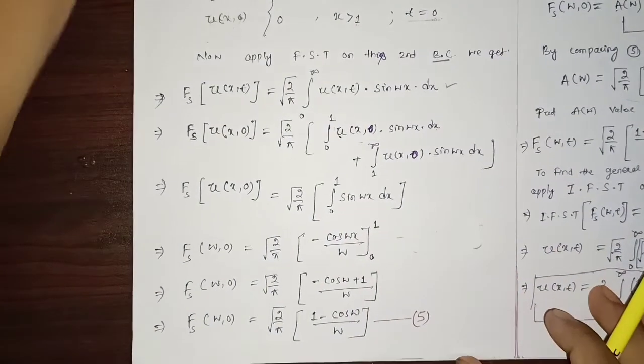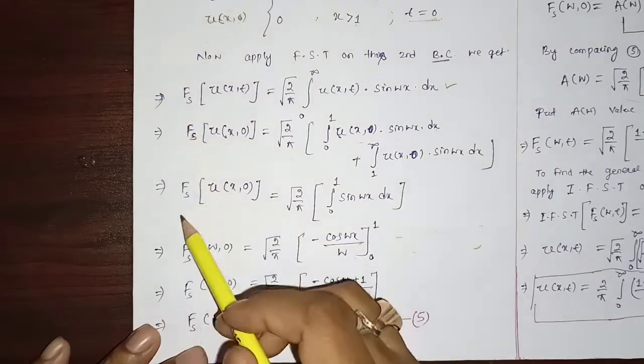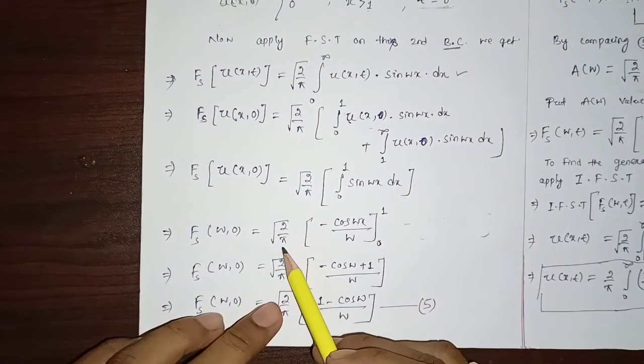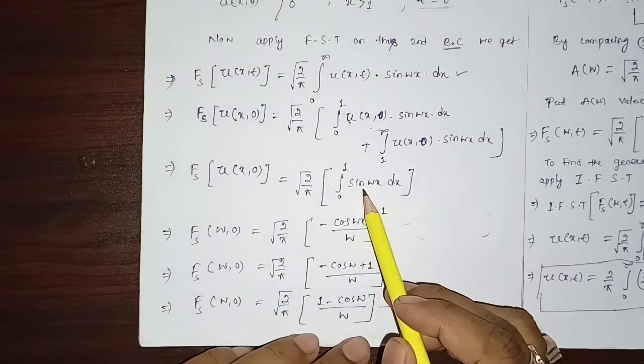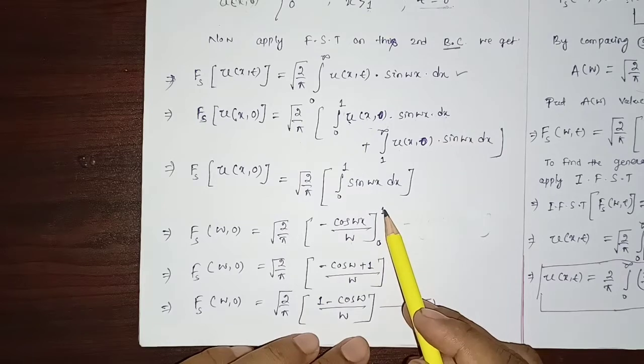This implies that Fs(omega, 0), which you have to write always, will be equal to root of 2 by pi, and the integration of sine omega x will be minus cos omega x by omega, from 0 to 1 limit.